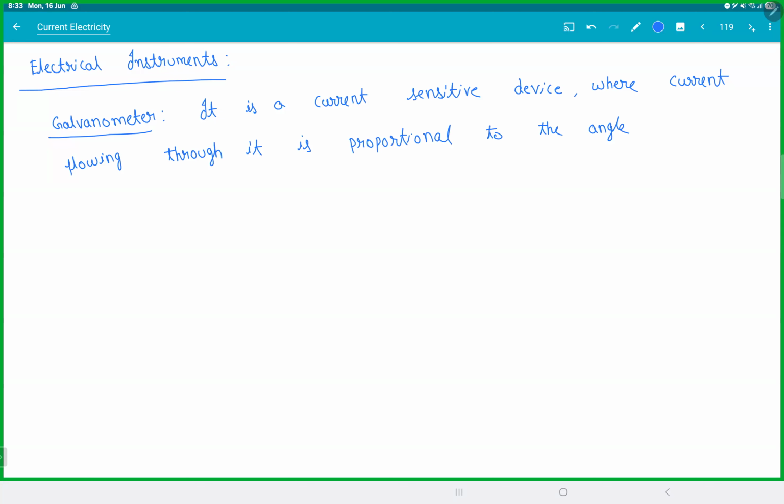So we will see the construction later on. So basically, there will be some kind of a magnet, and there is a coil, and there is a small needle kind of thing connected to the coil. Angle deflected by the needle. So whenever the current passes, the magnetic repulsion will rotate the coil, and then you get this thing. So that we will not deal with right now.